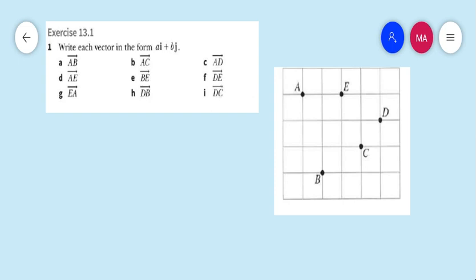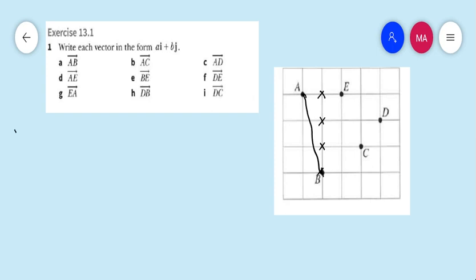AB means if you draw the line from A to B, you can see for the x-axis this is 1 unit, and for the y-axis this is -1, -2, -3.